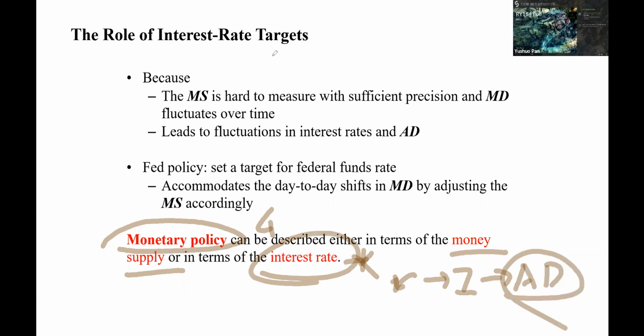The only reason the Fed changes monetary policy is that it wants to change the aggregate demand curve. So that's the Fed's monetary policy aim: changes in monetary policy aimed at expanding or contracting the aggregate demand curve.